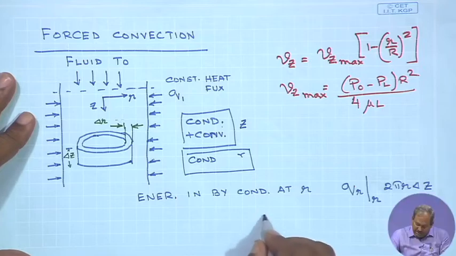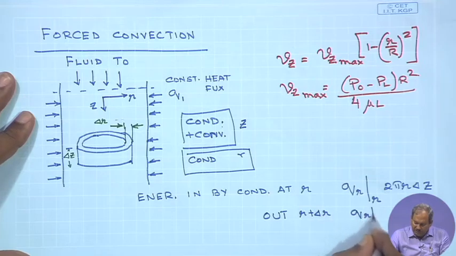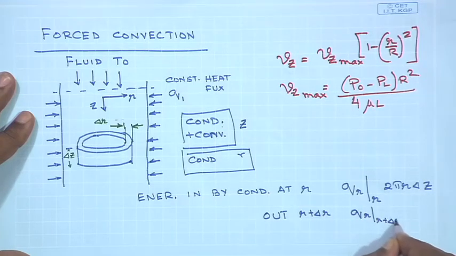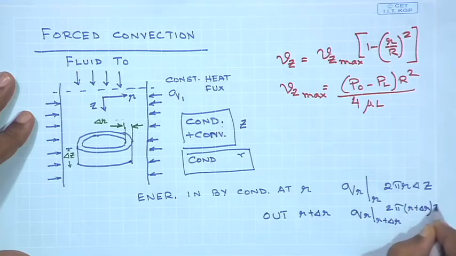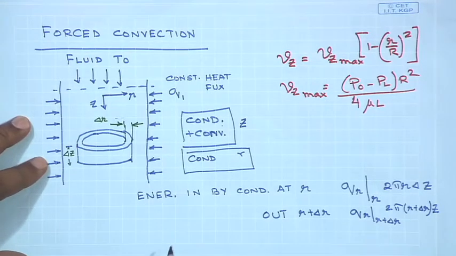So twice pi r times delta z gives the area through which the conductive heat in the r direction is entering the imagined shell. The out term would obviously be at r plus delta r, which would be qr evaluated at r plus delta r times twice pi r plus delta r times delta z. So that's the out term at r plus delta r.